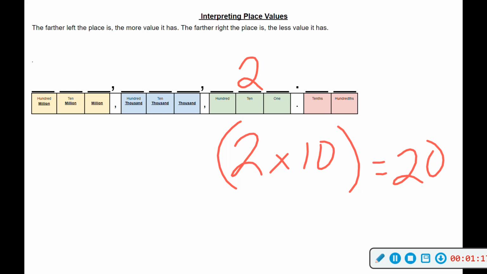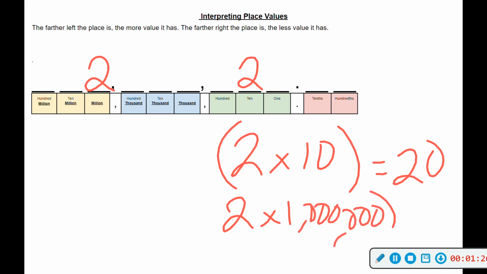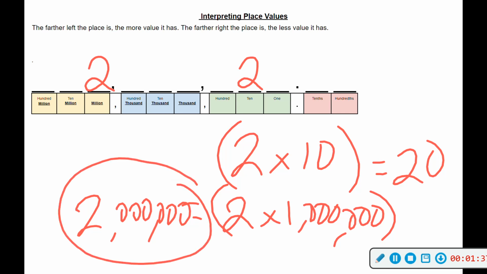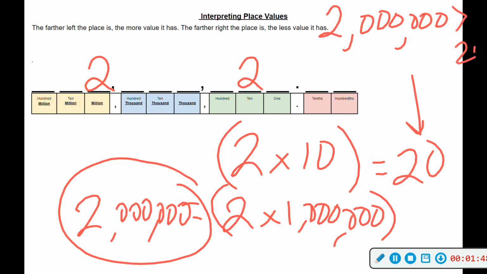However, if I put a 2 in the millions place, this would mean that I have 2 of the amount of millions in that number, which means the value is 2 million. As you know, I'm sure, 2 million is greater than 20. So if I had $2 million, you would much rather have that because it is greater than 20.